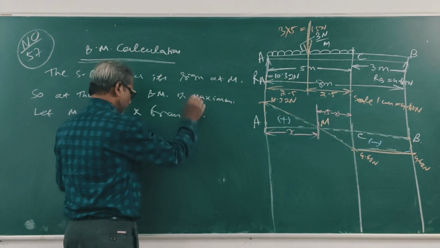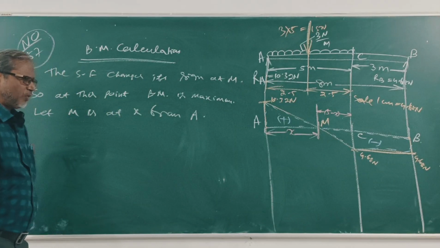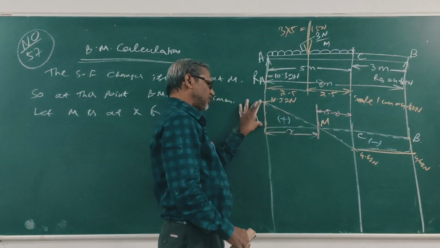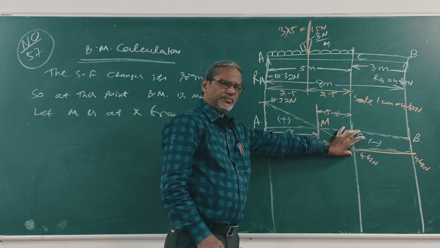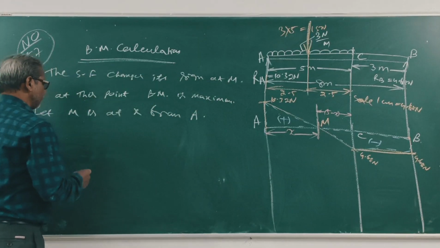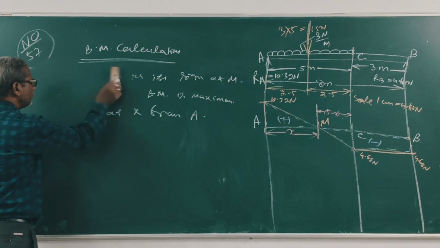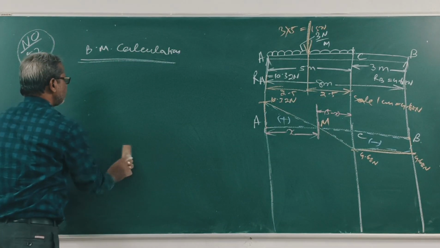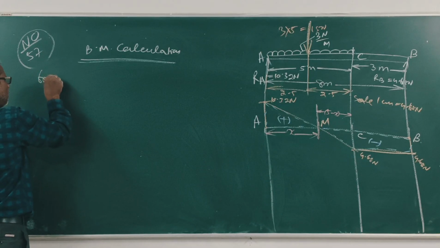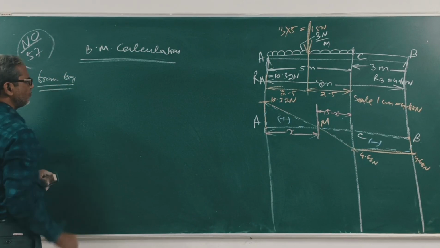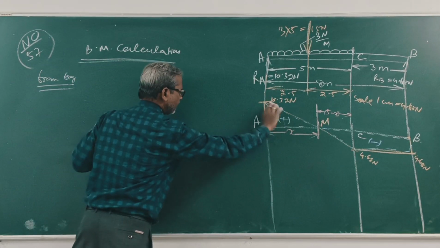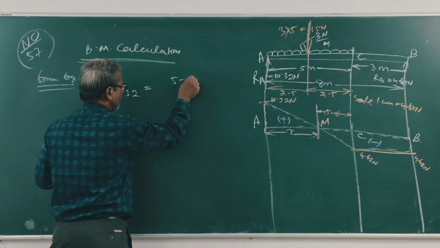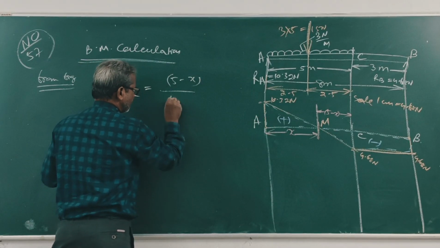First find what is x. From figure, x by 10.32 is equal to 5 minus x by 4.68.